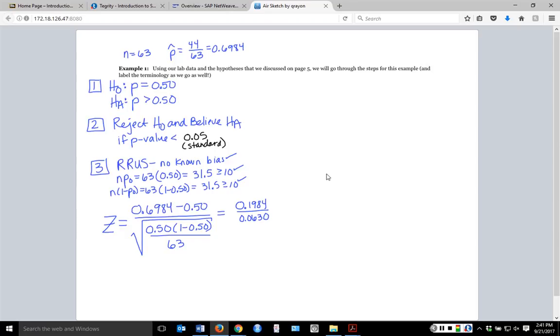So you do that number we had found separately. Now I'll actually do my division here. So we're going to get a z of 3.15.